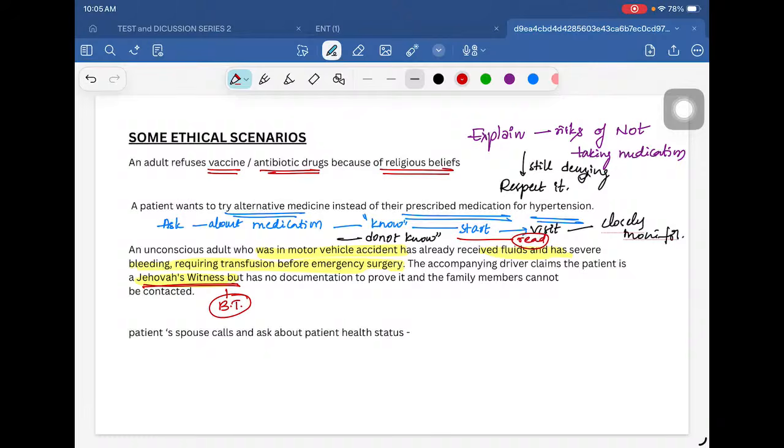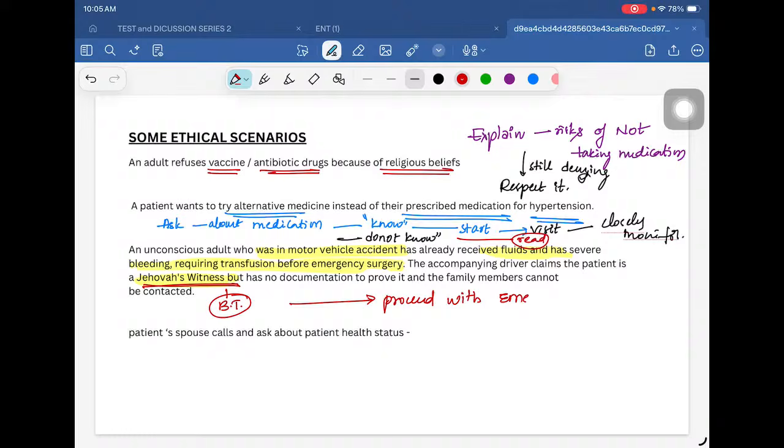But here in the situation, if you have any proof that they are Jehovah's Witness and they don't want any blood transfusion, if they have any written proof, then you stop it. But if you don't have any proof and nothing from the patient's side is coming that they don't want blood transfusion, in that situation, proceed with the emergency surgery and give blood transfusion.